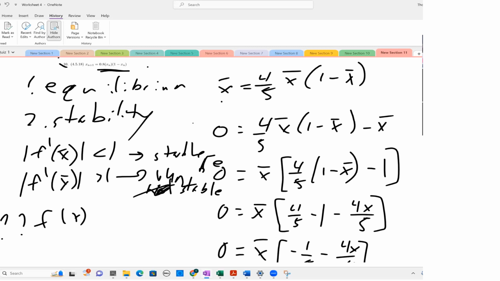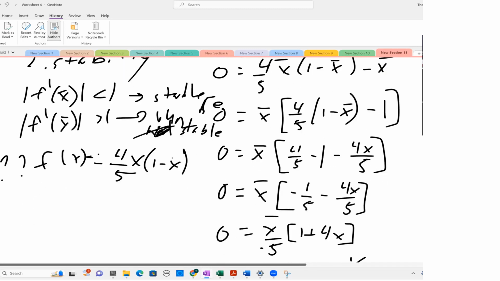And that function is my f of x. So in this case, my f of x is equal to 4 over 5 x times 1 minus x. And this is my function.